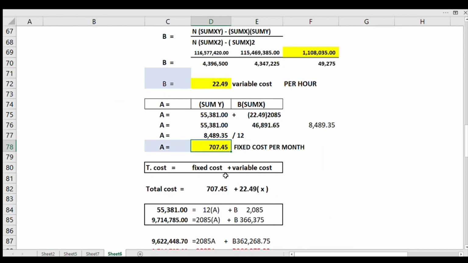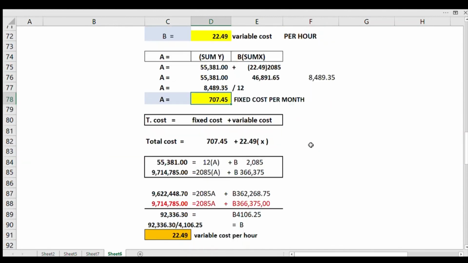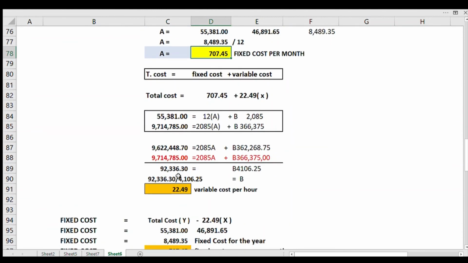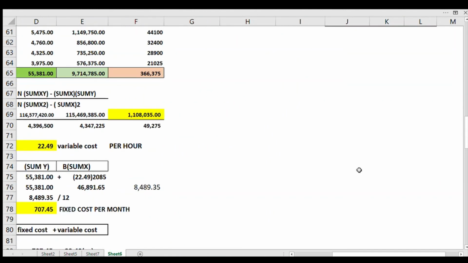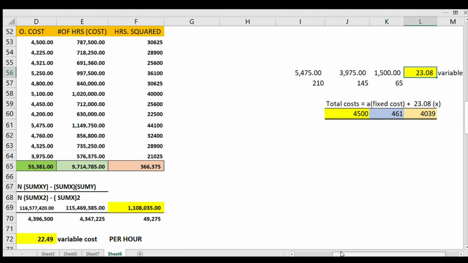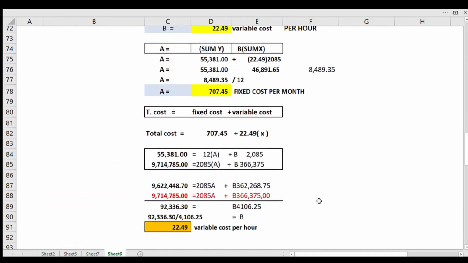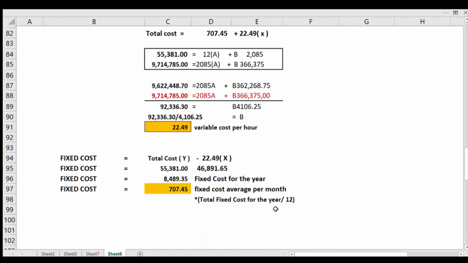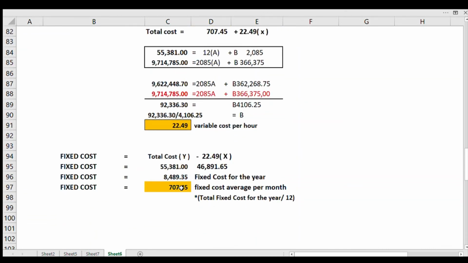Napatunayan natin by applying both formulas dito sa linear equation. Ginawa ko na. Talagang 22.49 ang lumabas. Ayan, compared. And i-compare natin dito sa high and low, ang nakuha niya ay 23.08, and yan nga ang fixed cost. Napatunayan din natin na by using this mathematical equation, which is believed to be much more scientific, ay pareho, 707.45.